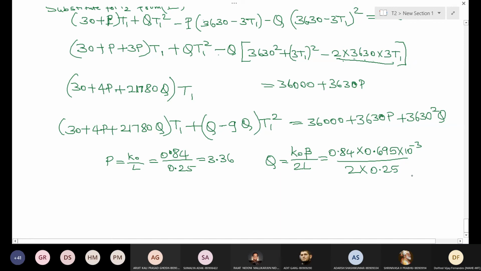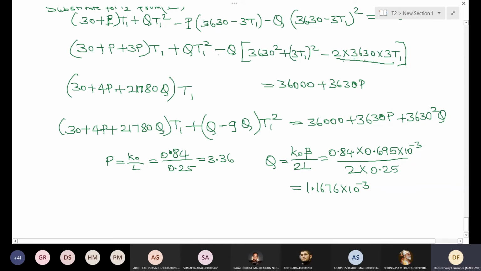So this value will come out to be 1.1676 into 10 to the power minus 3. That is why I put it as P and Q, because if you write those values initially itself, there will be a lot of trouble to simplify. Every time you have to write this small value, you know how much inconvenience it is.